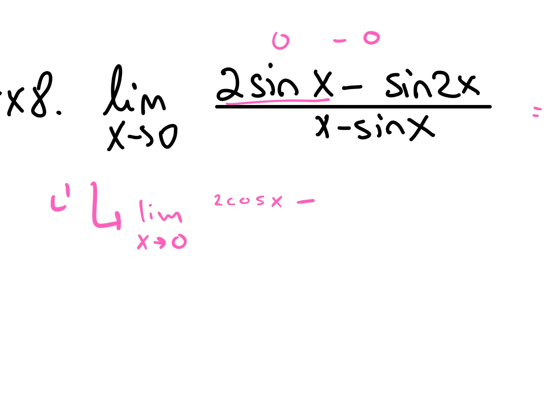So then minus, here when we take the derivative of sine, we get cosine 2x times what? Times the derivative of what we're taking the cosine of. What's the derivative of 2x? 2. Over, in our denominator, derivative of x would be 1, minus the derivative of sine would be cosine x.